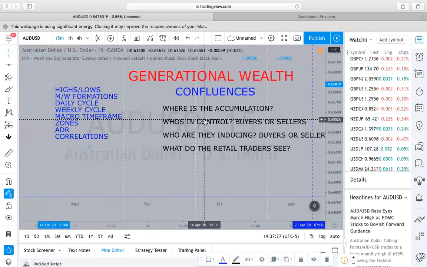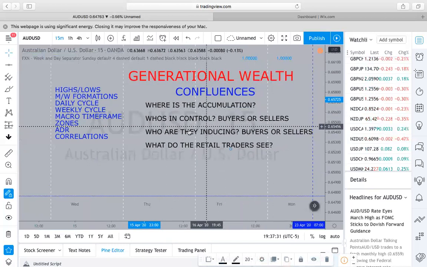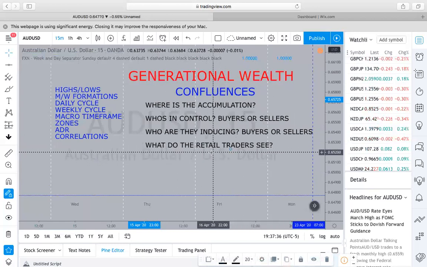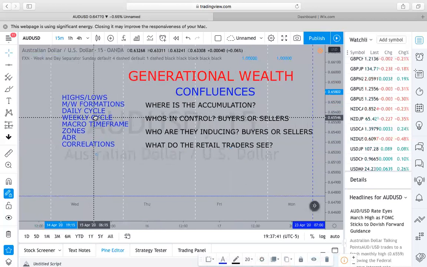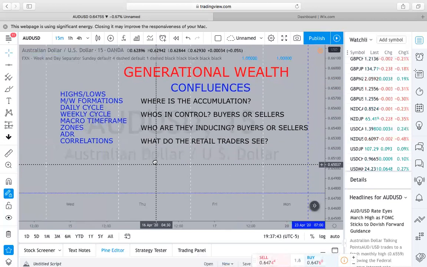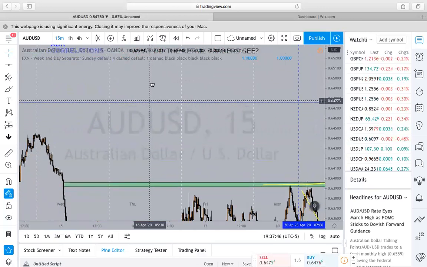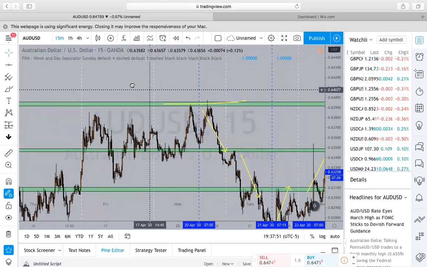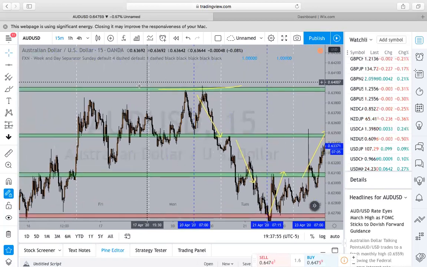And then ask yourself, where's this accumulation? Who's in control? Who are they inducing? And what do these retail traders see? I mean, you have to make it as simple as possible because we tend to overthink everything, which is called cognitive overload, where you're taking in too much information at once.